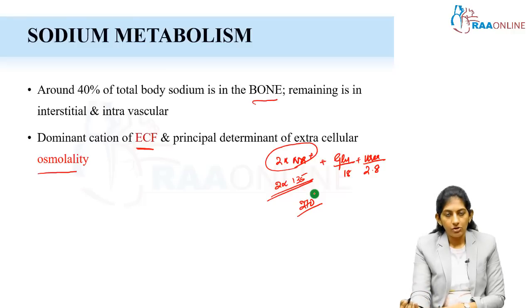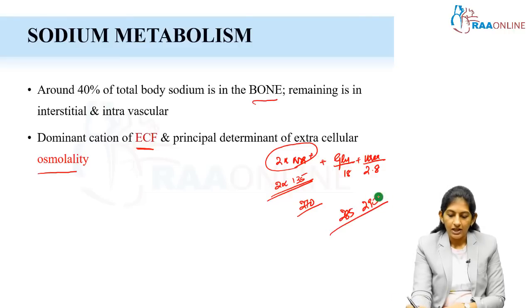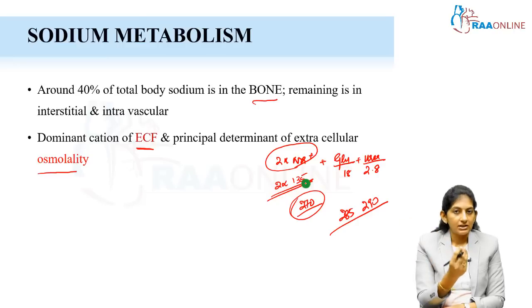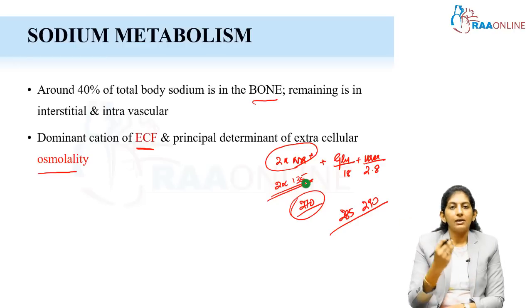What is our normal osmolality? It will be somewhere around 285 to 290 or 295, right? So among this 285 or 290, 270 will be sodium. So the principal determinant of osmolality is what ion? Sodium. Okay, so sodium is predominantly present in extracellular fluid and it is the principal determinant of your osmolality.